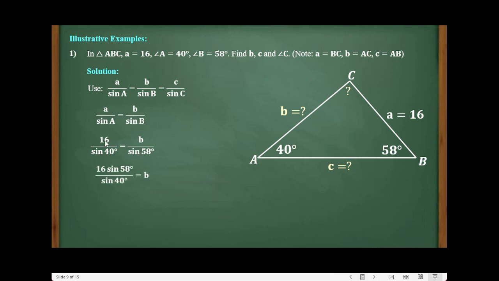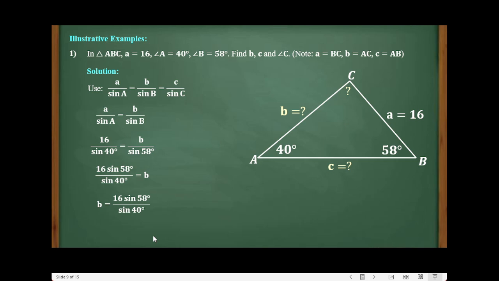So you cross product these two, so it becomes 16 sine of 58 degrees divided by 40, which is your B. And applying the symmetric property, we interchange the position of the left and the right side. So the equation can also be written as what?